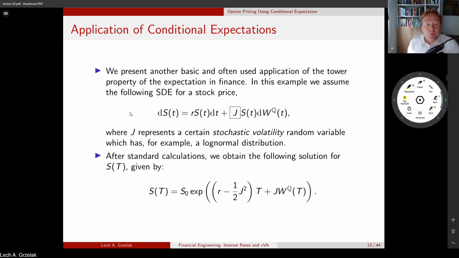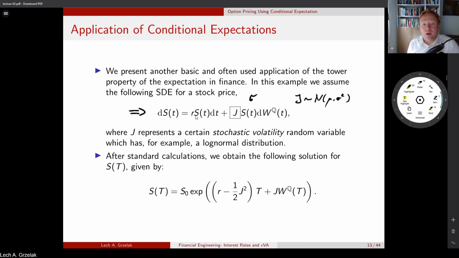So we have chosen a stochastic differential equation which resembles the Black-Scholes model. However, the volatility is not a constant sigma but is stochastic. In this case, J is some normal distribution with some mu and sigma squared. So you see that there is some stochasticity in the volatility, and it is not as trivial as for Black-Scholes.